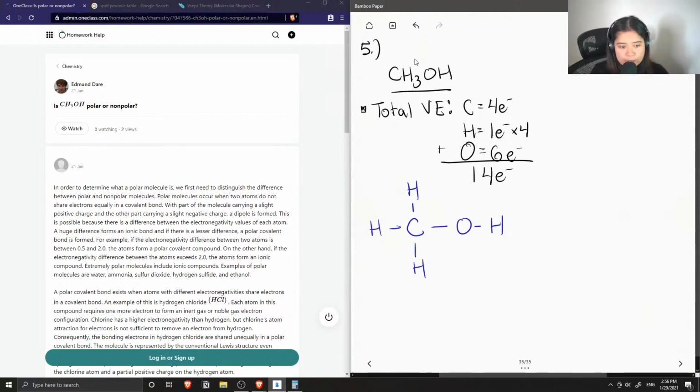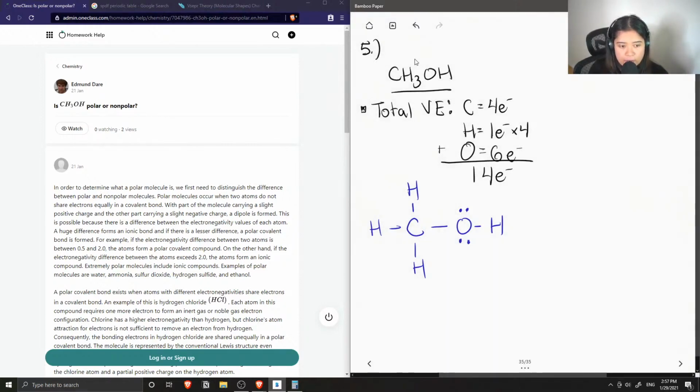So each bond contains 2 bonding electrons, and we have a total of 5 bonds drawn in the structure, so we have 10 out of the 14 electrons. So for the remaining 4, I'll place them as lone pairs on my oxygen, since oxygen didn't have a full octet yet.